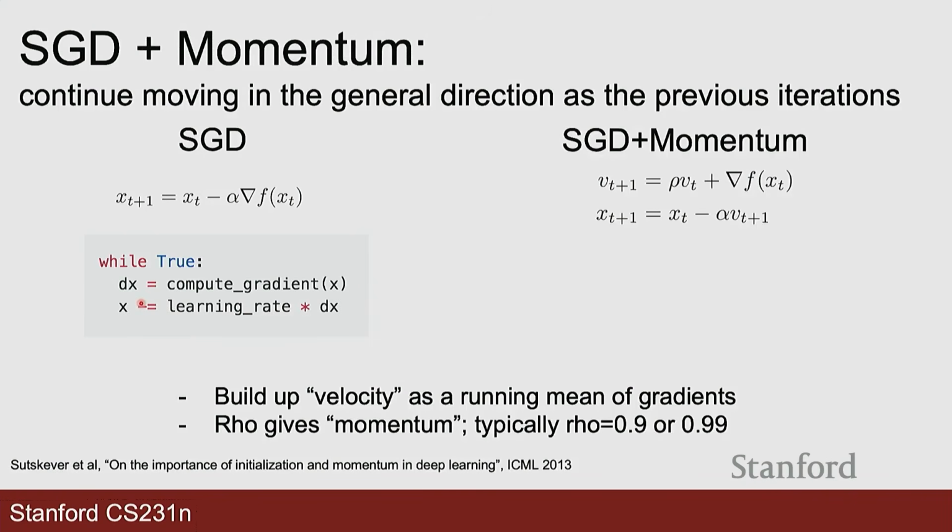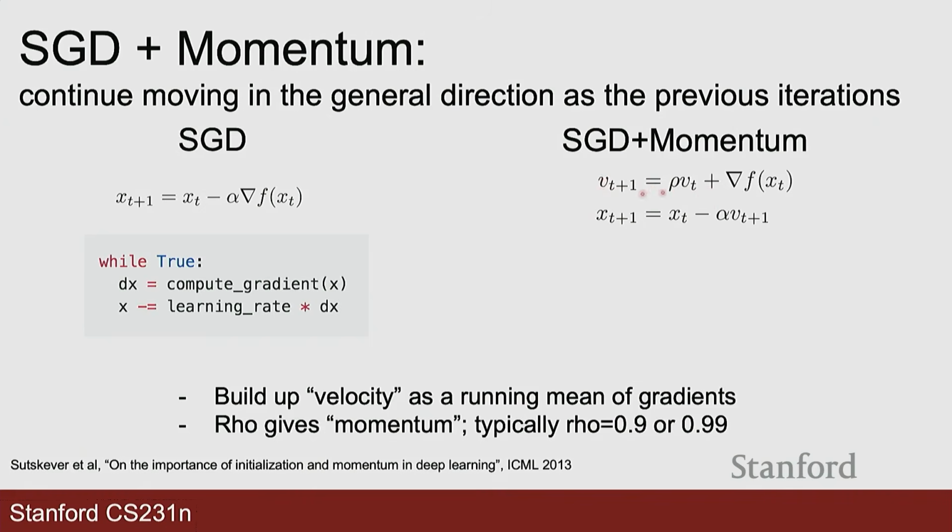With momentum, we're now updating by this velocity term. So instead of updating by the gradient at the specific point, we're updating by the velocity. And the velocity at a given time step is given by the previous velocity plus the current slope. So this is how you calculate it. And you have this rho value, which is the momentum, how much momentum you want to have. If you have it very high, then your new velocity is more dependent on the previous time step's velocity.